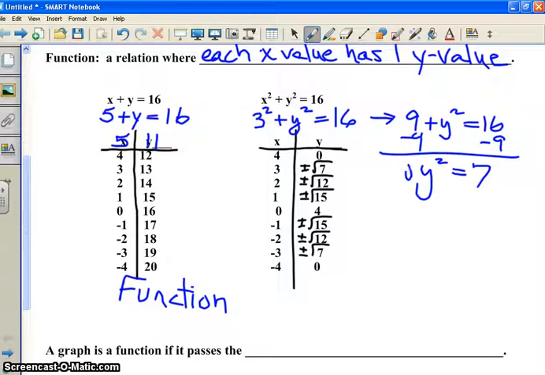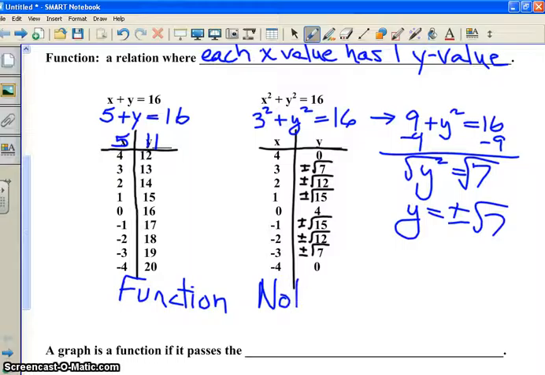And when I take the square root, I'm going to end up with y equals a positive and a negative radical 7. So these x values, 3 actually has two y values, a positive and a negative radical 7. The x value of 1 has two y values, positive radical 15 and negative radical 15. So a circle, and this equation is not a function because some x values have more than one y value associated with them.